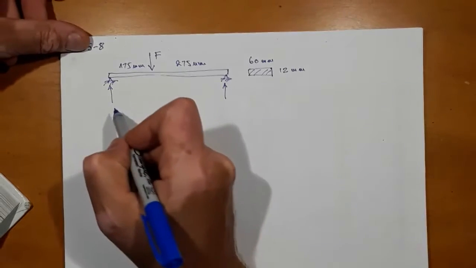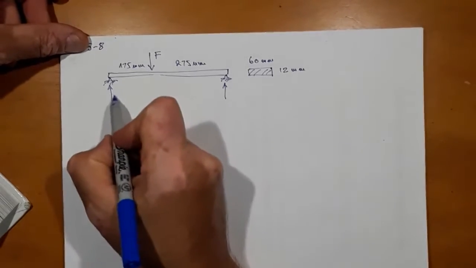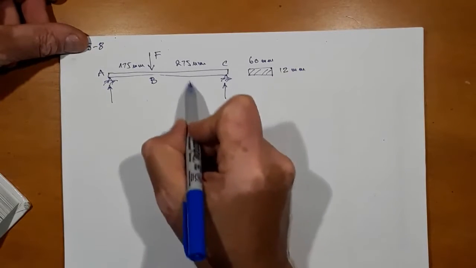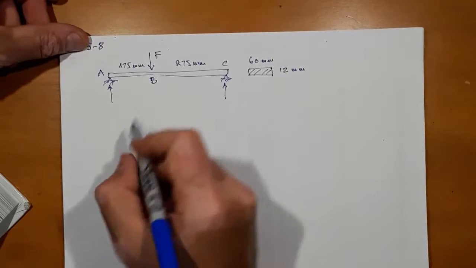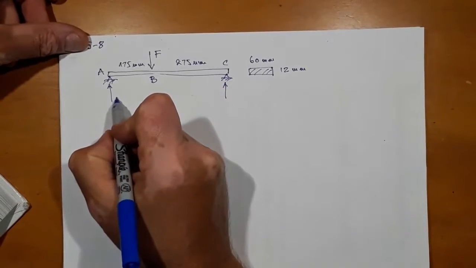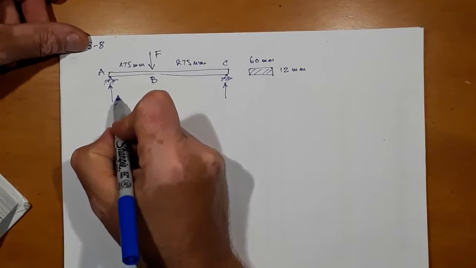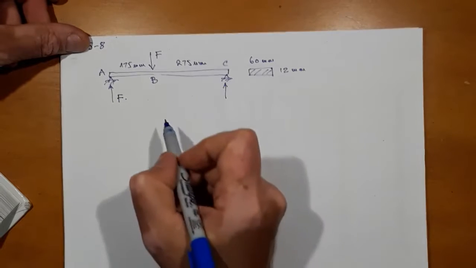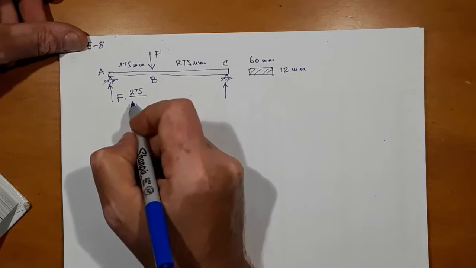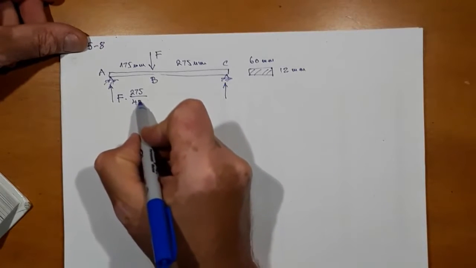Okay, so the reactions at the supports, let me call this A, B, and C, irrespective of that cross section, with arrows to the side. So this will be F times 275 over full length, which is 450.